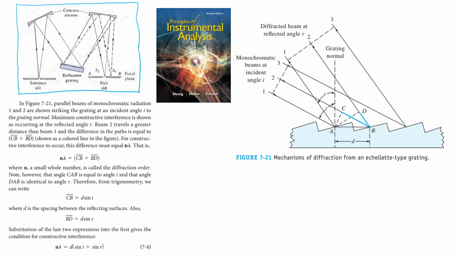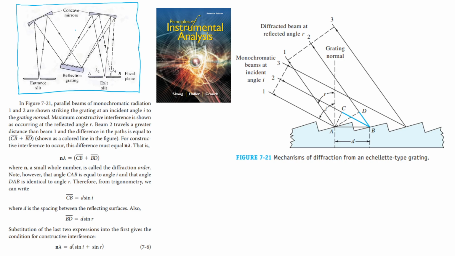This grating has a finite number of grooves at equal distances. This is the main part of a monochromator, the grating. Depending on the diffraction angle, two wavelengths will be generated.